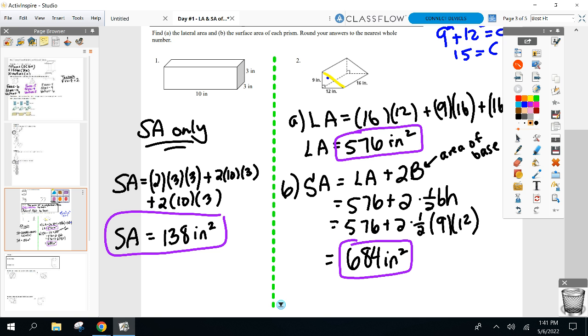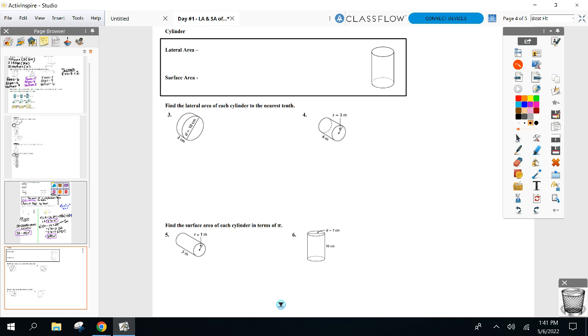All right, before I move on, are we okay with the concept of lateral area? Take off the bases and find out what's left over. Are we okay on surface area now? All good? Because I'm really flipping the game on you now. These are prisms. Next up, cylinders.